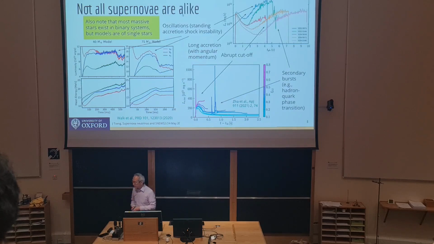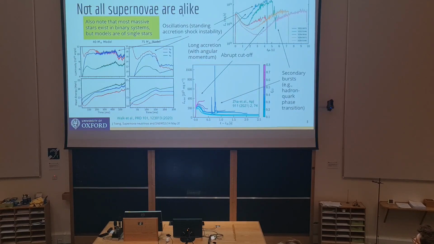I should mention, I gave you a canonical picture of what happens with a core collapse supernova. They're not all alike, and even with different computer models, you will see some of this variety. I have several different examples here.